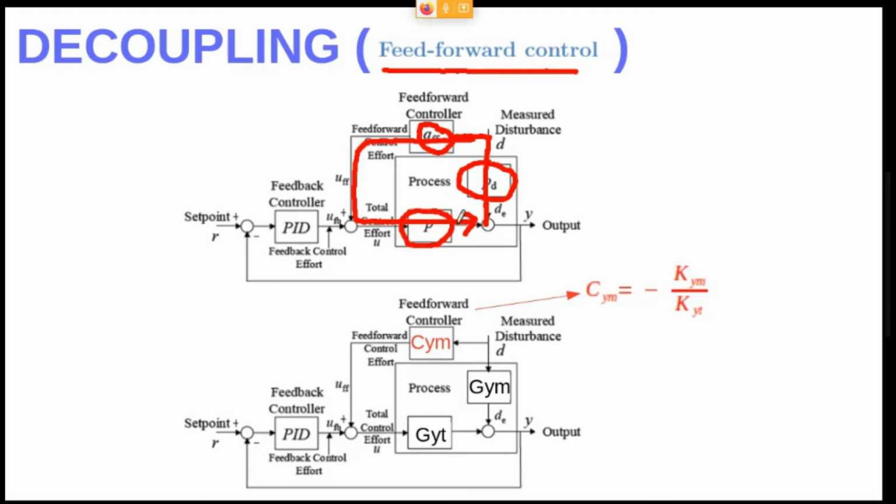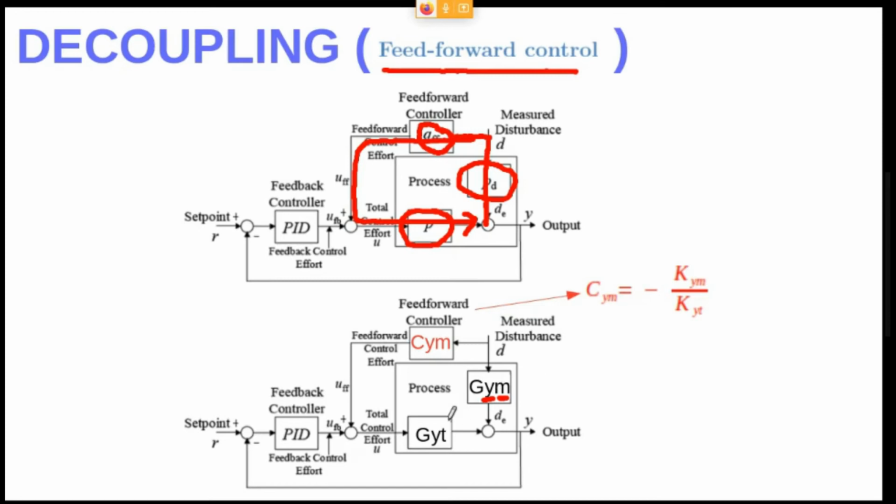But if we translate these elements into our problem, remember, our problem is the effect of the main rotor on the yaw angle, right? So this will be the transfer function of our disturbance. We know this transfer function perfectly because we found all the coefficients in our identification process.